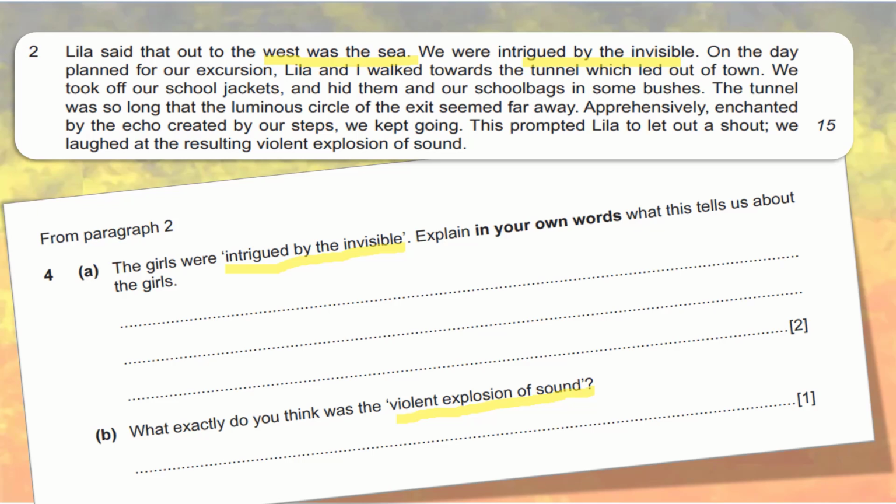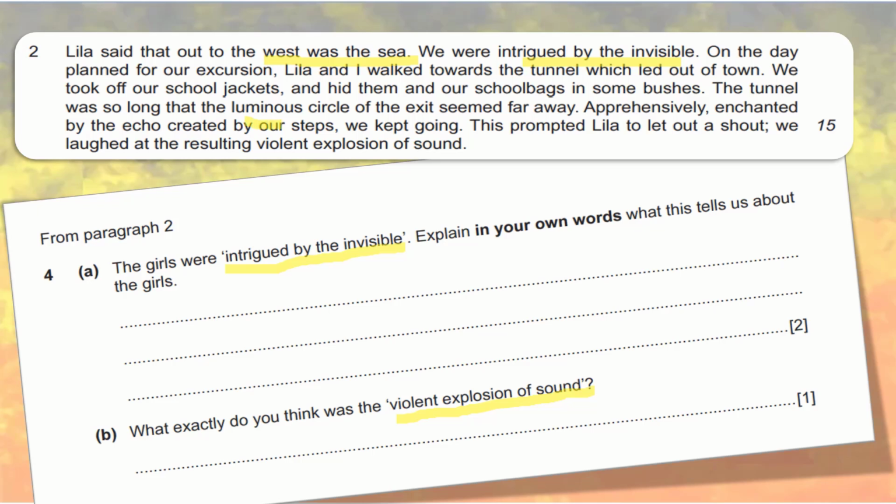Okay, now they are going through a tunnel. A tunnel is a passage which would lead them to the neighborhood. The tunnel was so long that the luminous circle of the exit seemed far away. So they are traveling in the tunnel, apprehensively enchanted.